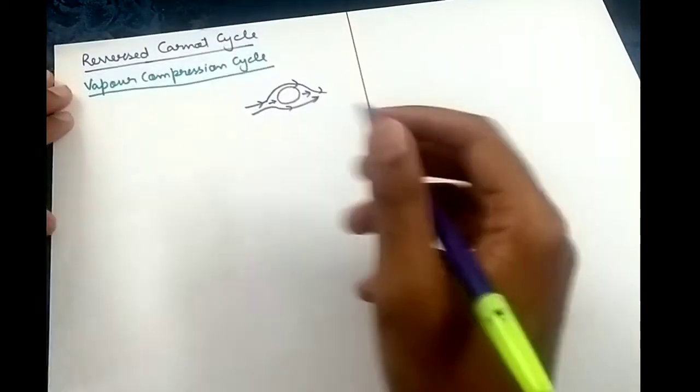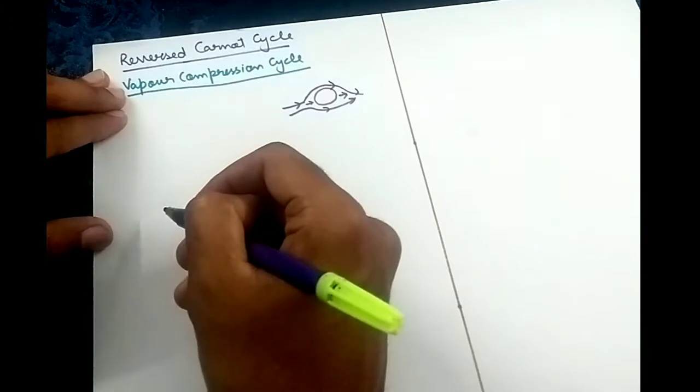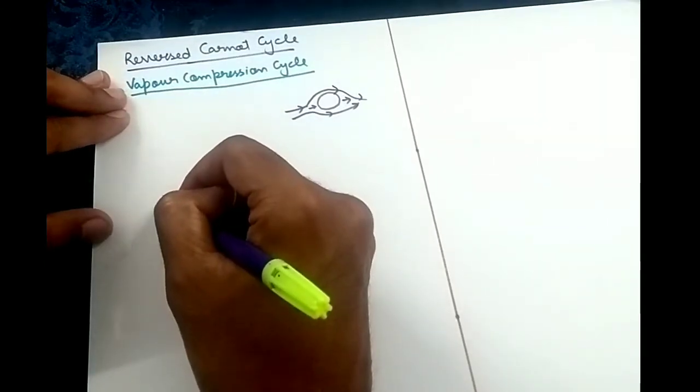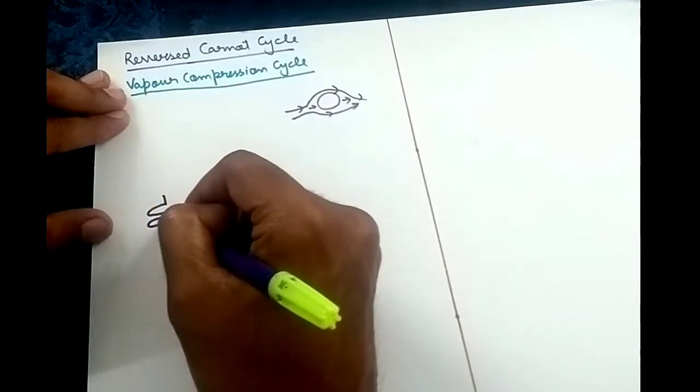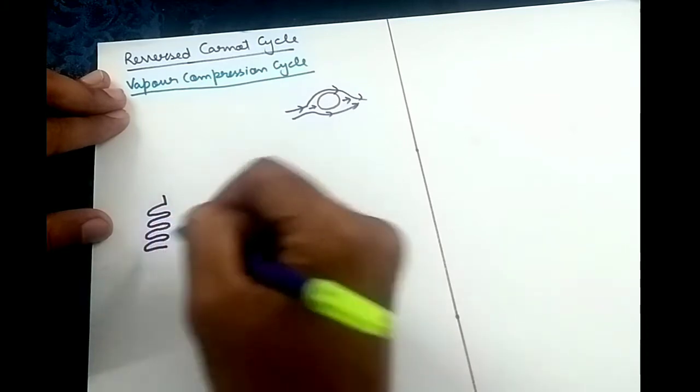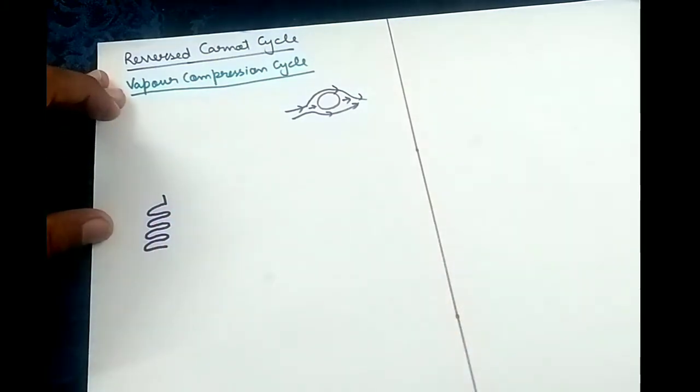Now how do you provide a cold fluid? This can be achieved only using a throttling tube, which is called the capillary tube. So this is a capillary tube.